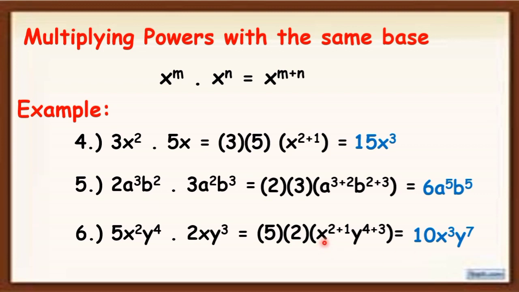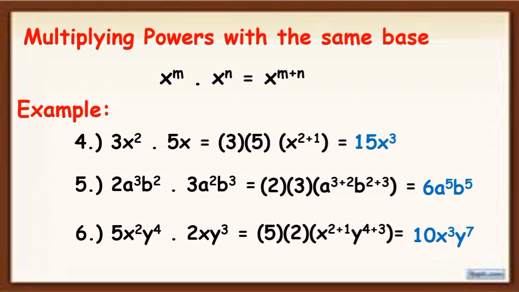Copy the base, which is x, then 2 plus 1 is equal to 3. That's why we have x cubed here. And then copy y, add the exponent, which is 4 plus 3 is equal to 7. That's why we have y raised to 7 here. So the final answer is 10x cubed y raised to 7.